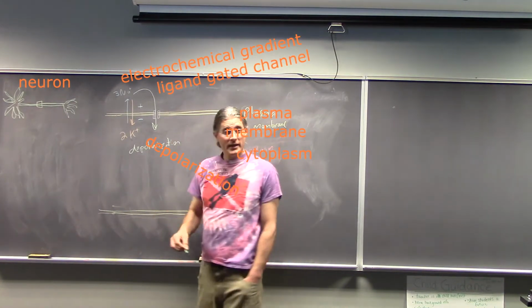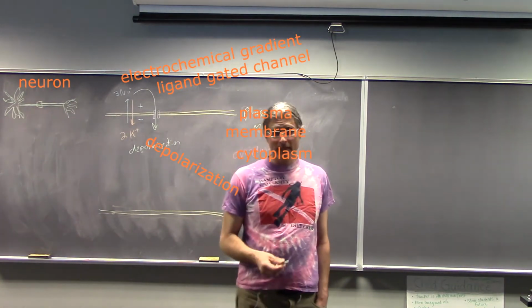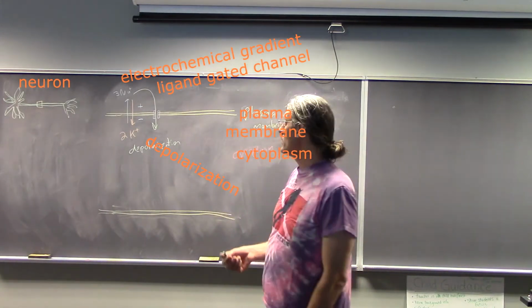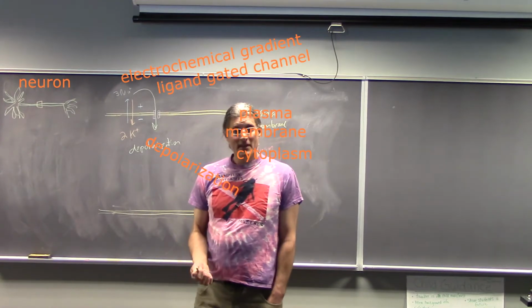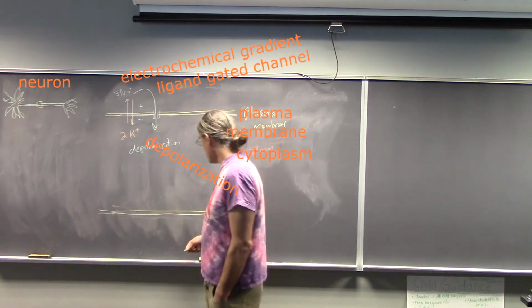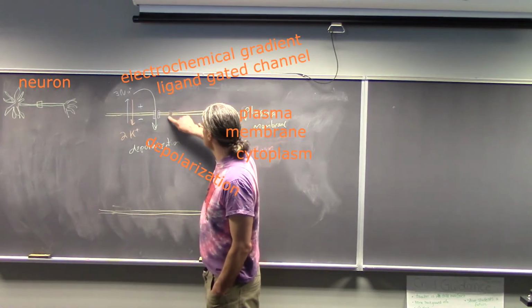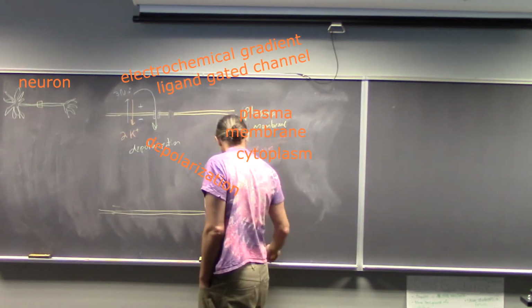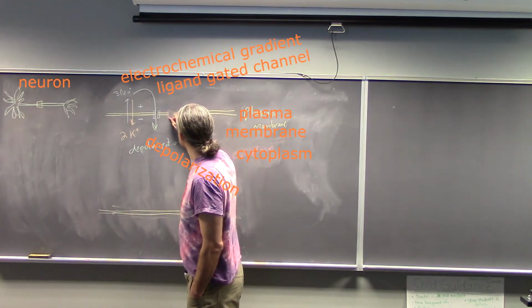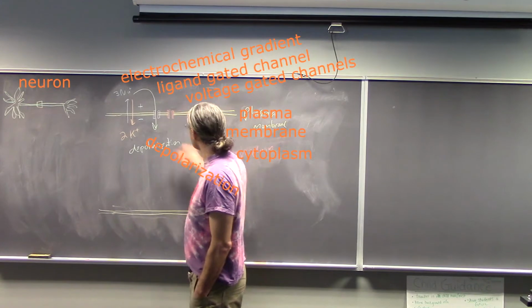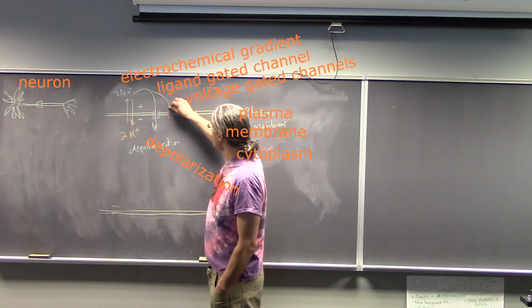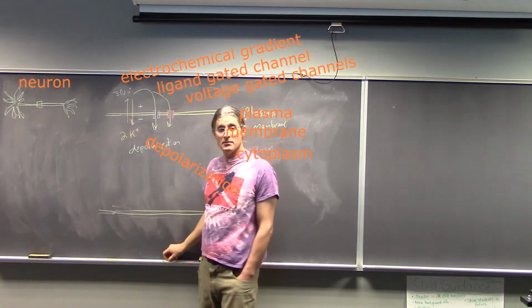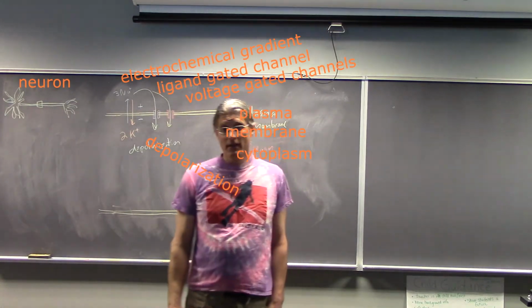Now we're not quite at an action potential yet, but we're getting there. Now depolarization, if it is sufficient, can stimulate these other channels that are the voltage-gated channels to open up, and once again, at least this kind of voltage-gated channel, you have sodium ions coming in.